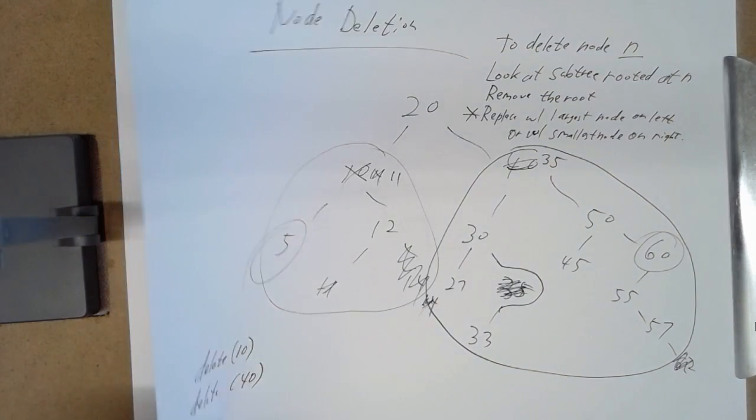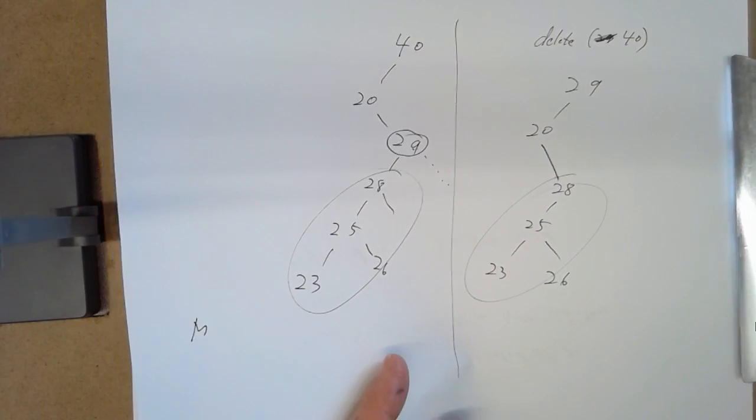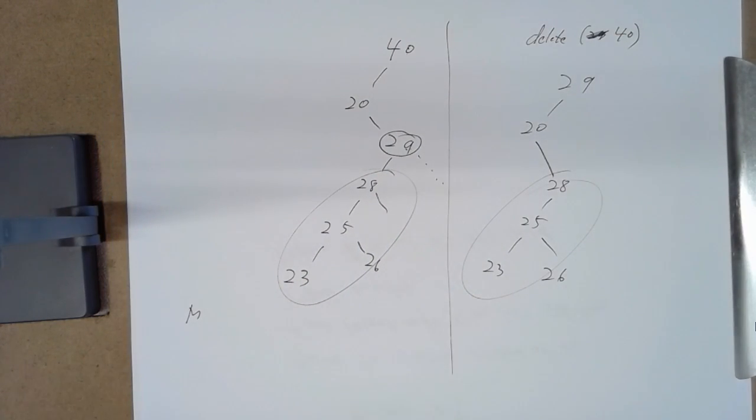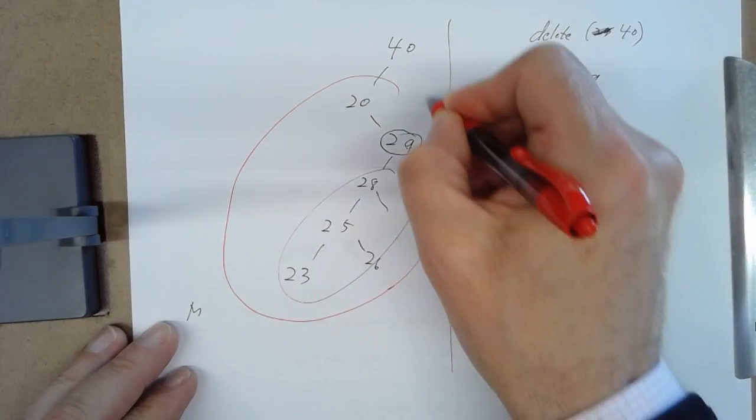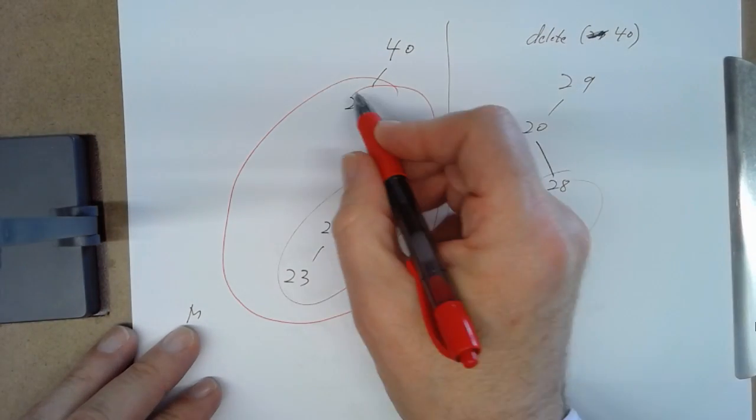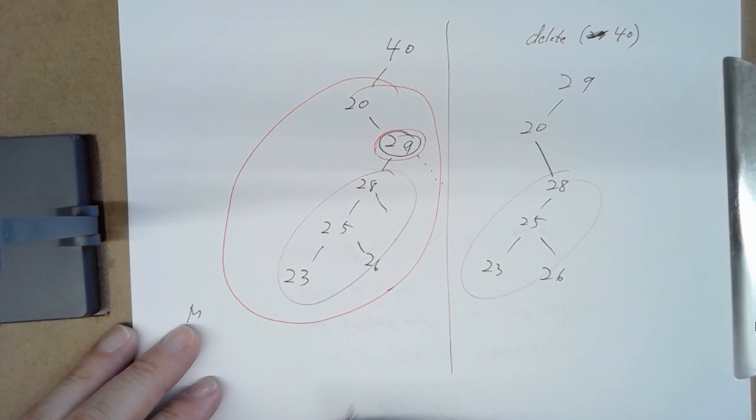So this business of finding the largest node in the left subtree, in this case would say go to the left subtree and then just start moving to the right as far as you can. That's how we got to 29.